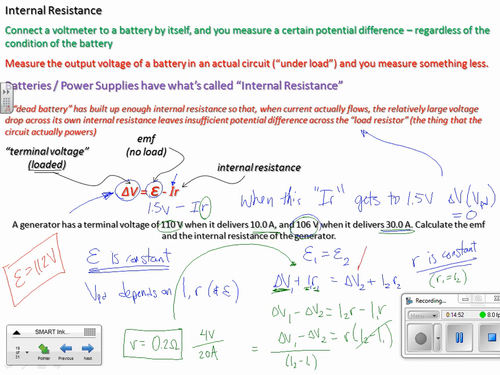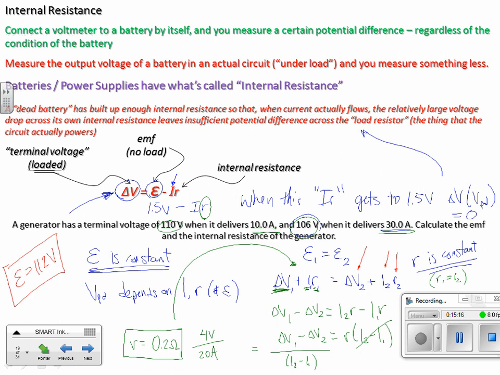Or we could do 106 plus 30 times 0.2. 106 plus 6. Oh yeah, 112. Right? So there's our solution for this one. What do you think? Okay? So the idea again is that every power supply has some internal resistance.